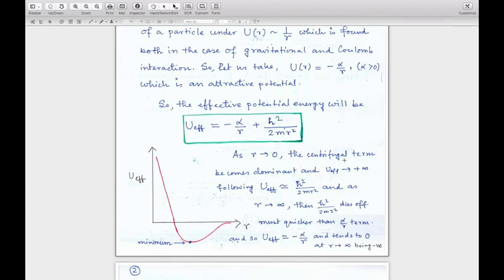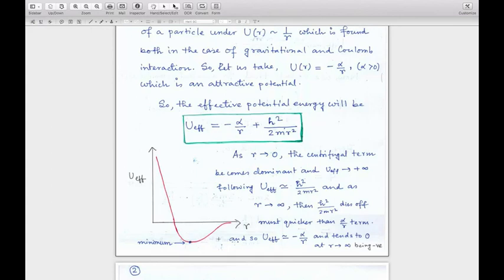So U effective practically behaves as h square by 2mr square and tends to positive infinity as r tends to 0. That's exactly what is shown here.